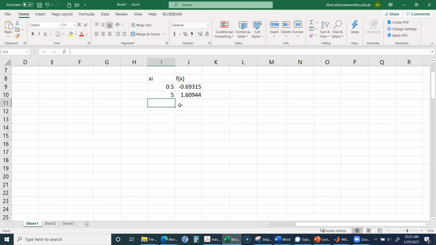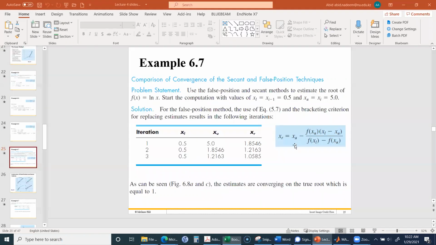Okay, now we will apply the false position method. So if you see the formula, how the formula works out for the false position method. So we take the xu, minus the value of the function at xu, then we take the difference of the x values, then we take the difference of the function's value, from the lower to upper.